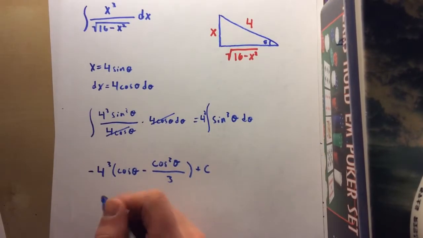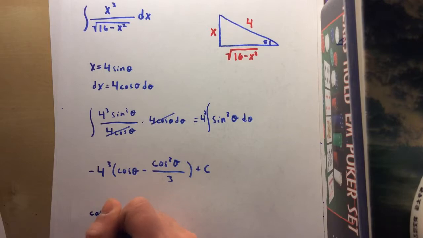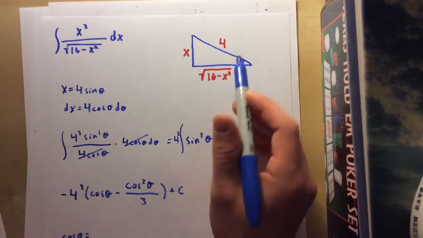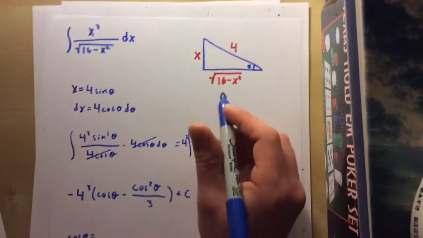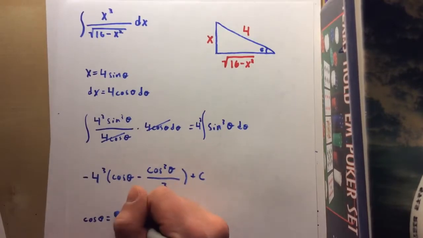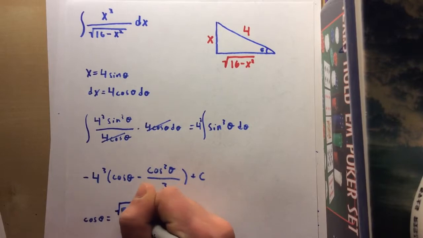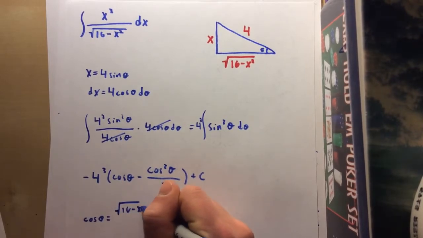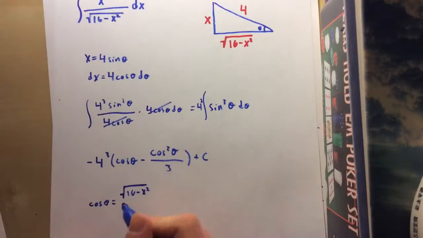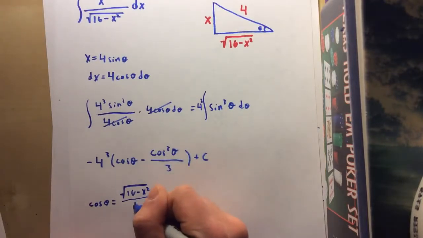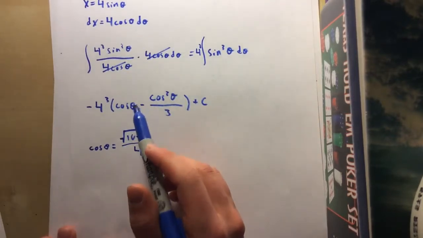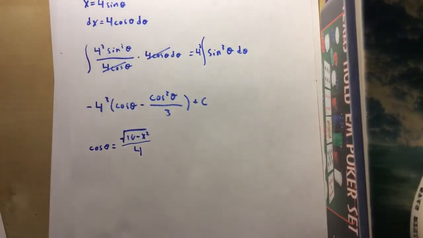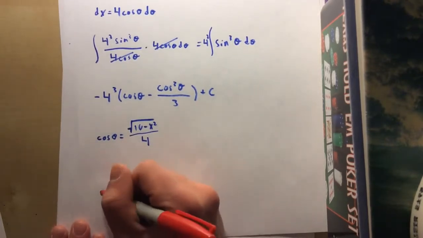Cosine theta is simply adjacent over hypotenuse. So cosine theta is equal to, adjacent is the square root of 16 minus x squared, and then our hypotenuse is 4, so we're going to divide by 4.